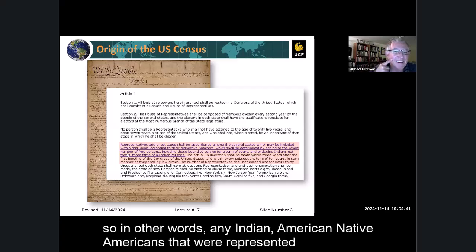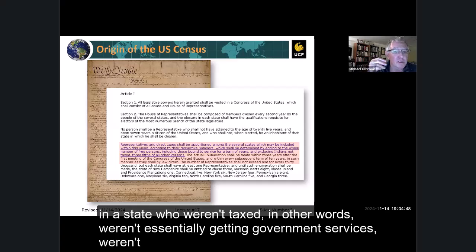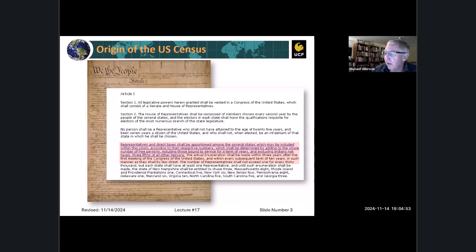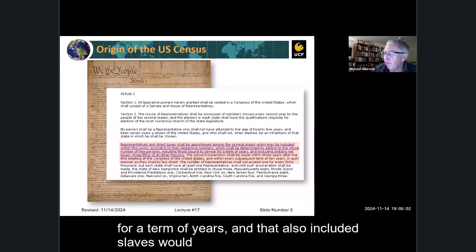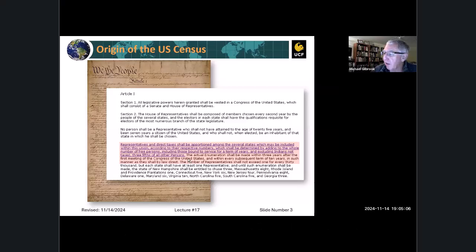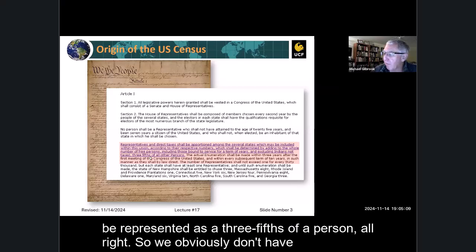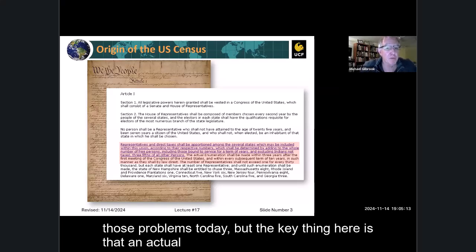So in other words, any Native Americans in a state who weren't taxed, in other words weren't essentially getting government services, weren't included as citizens for the purposes of representation. And also those bound to service for a term of years, and that also included slaves, would be represented as 3/5 of a person. All right, so we obviously don't have those problems today.